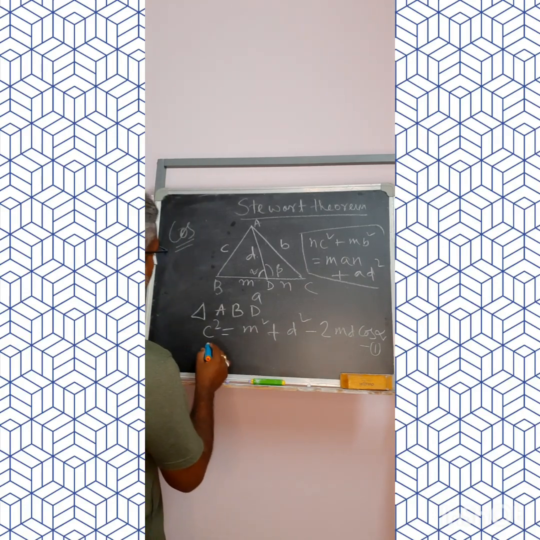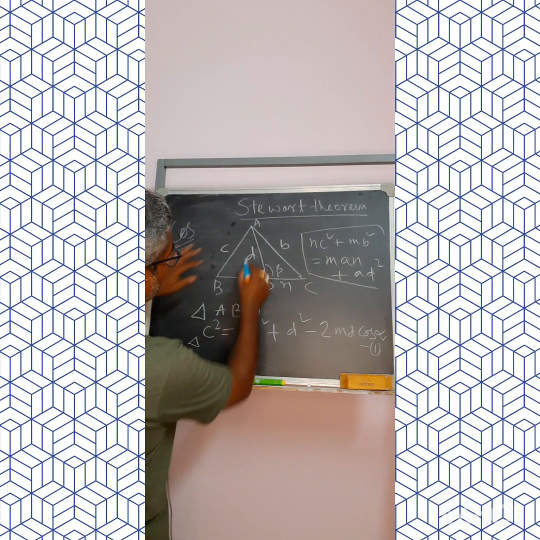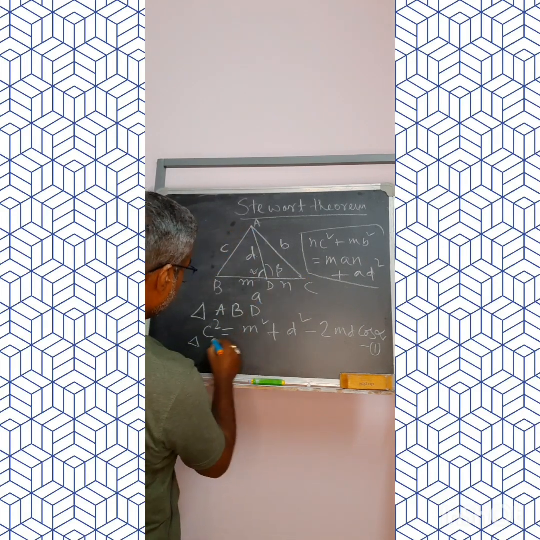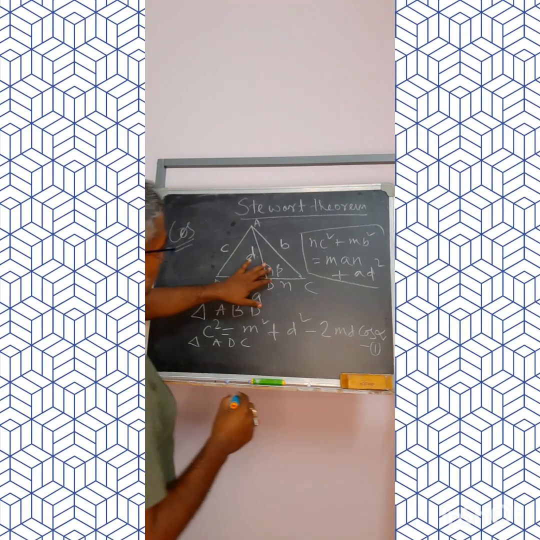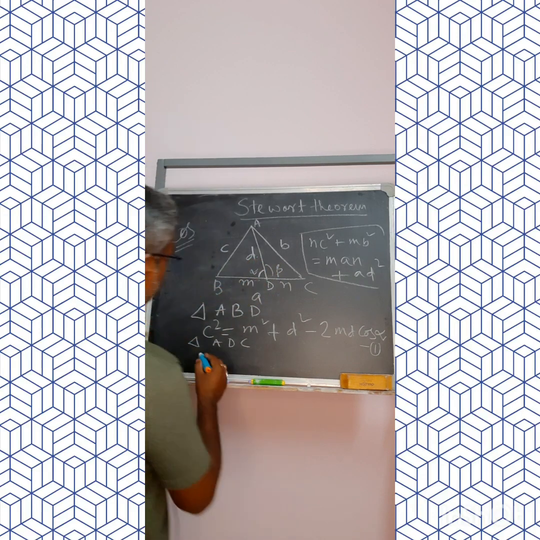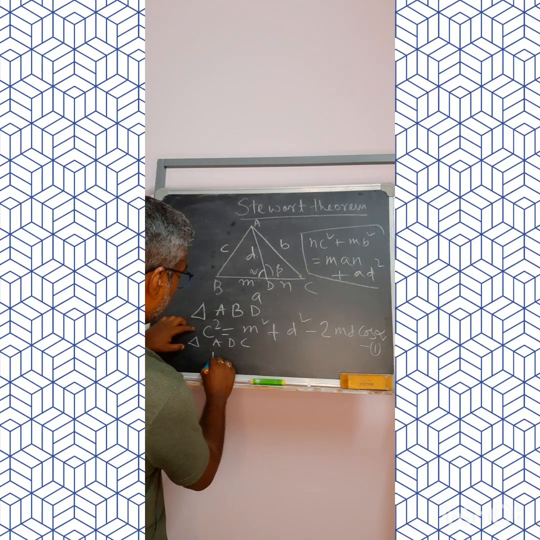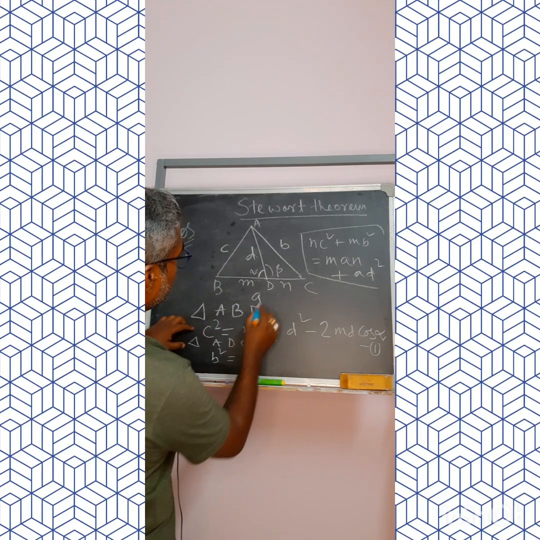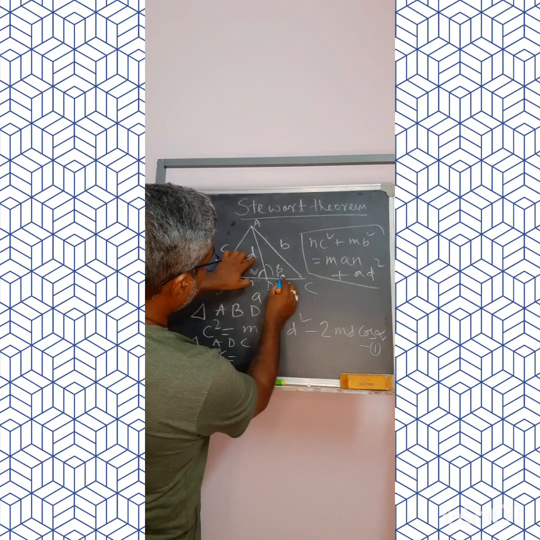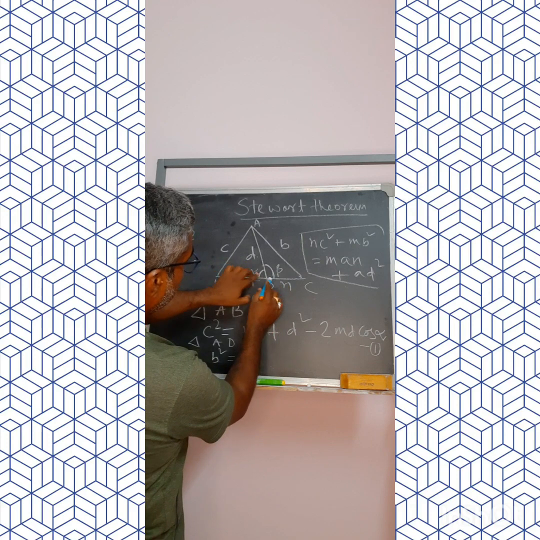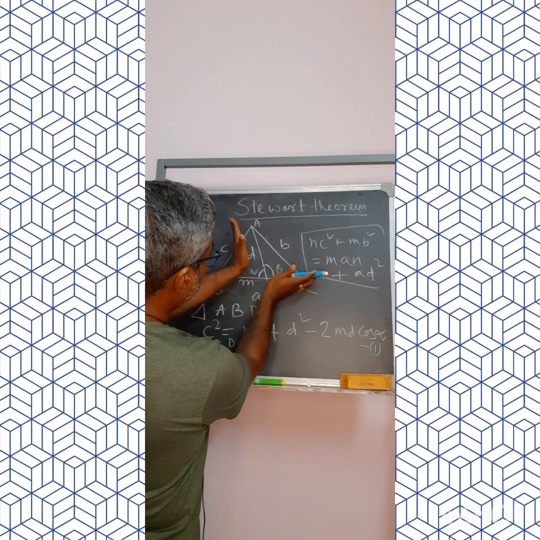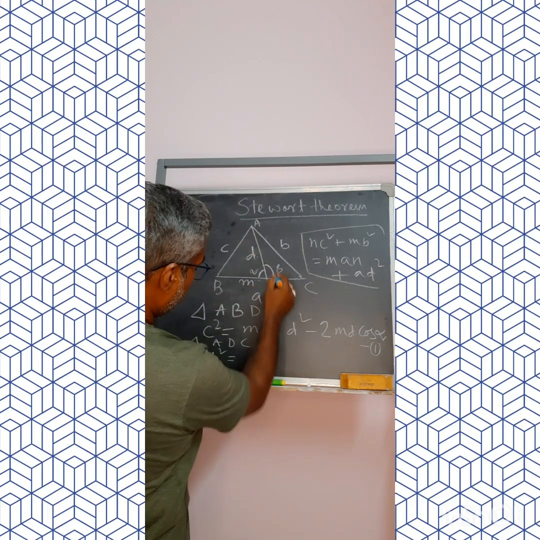Now if I take the triangle ADC, in a similar way, if I take the cosine of this, this will give b square is equal to, similarly, these are the adjacent sides of this angle beta.